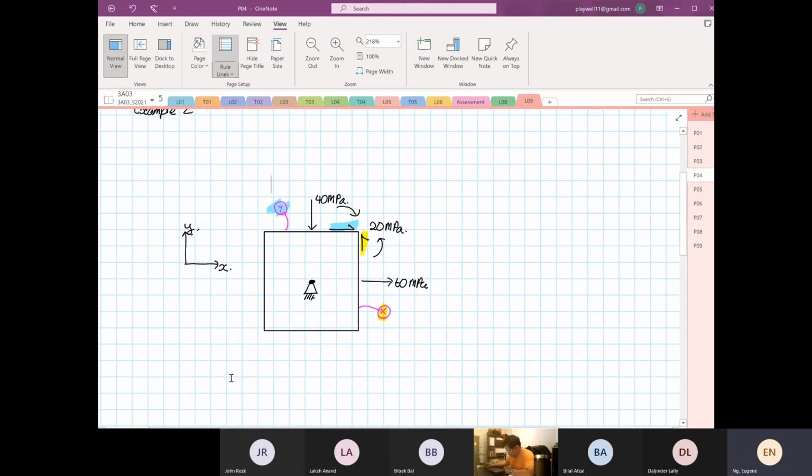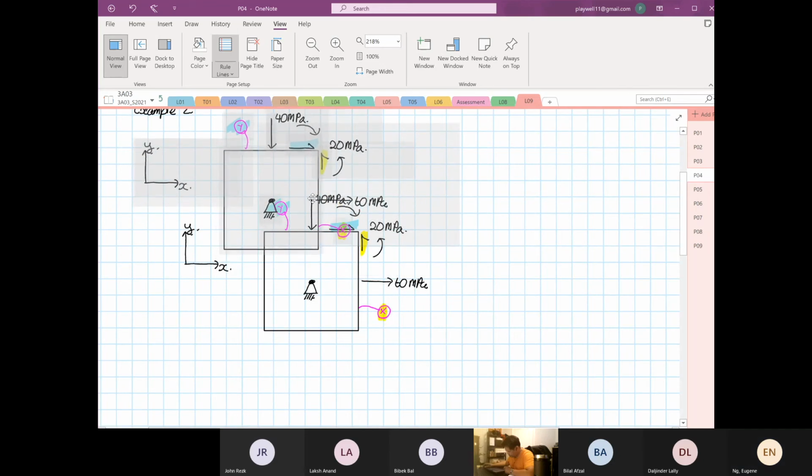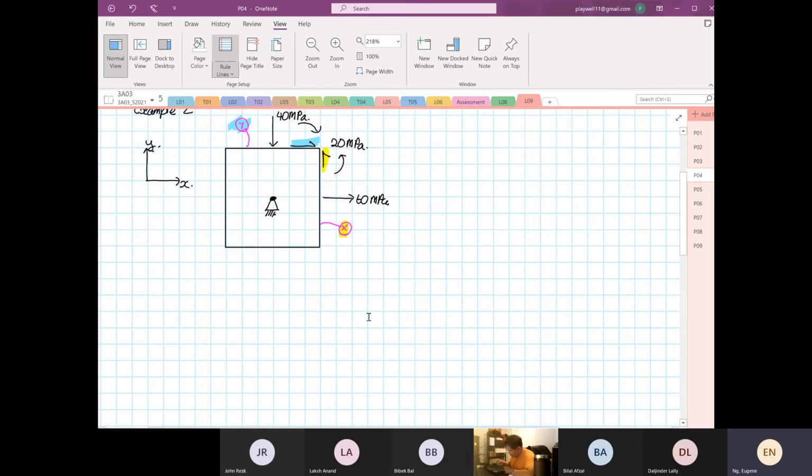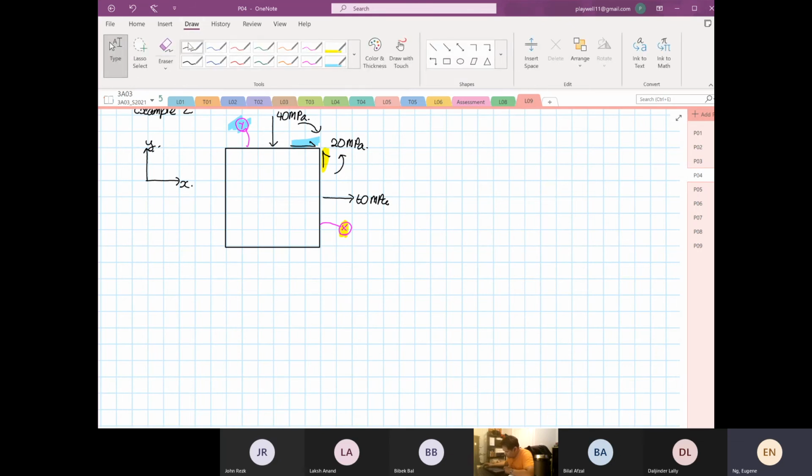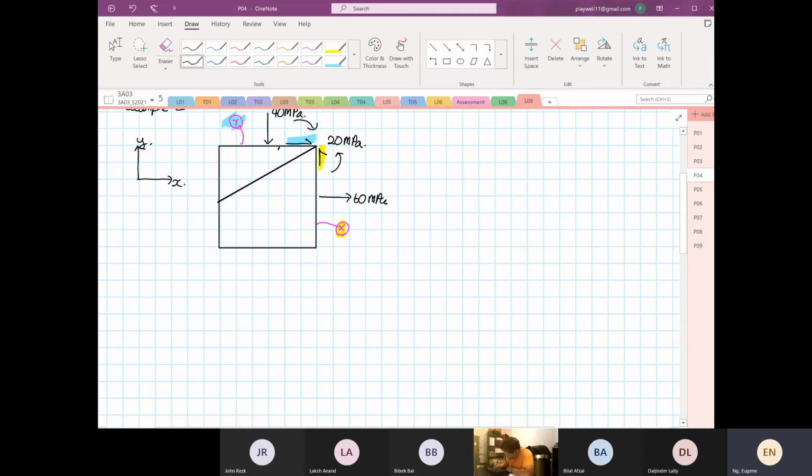Okay, so based on the same element now, what if we want to find the stress state on the plane that is rotated? So we're going to put a certain angle. So this is 30 degrees.